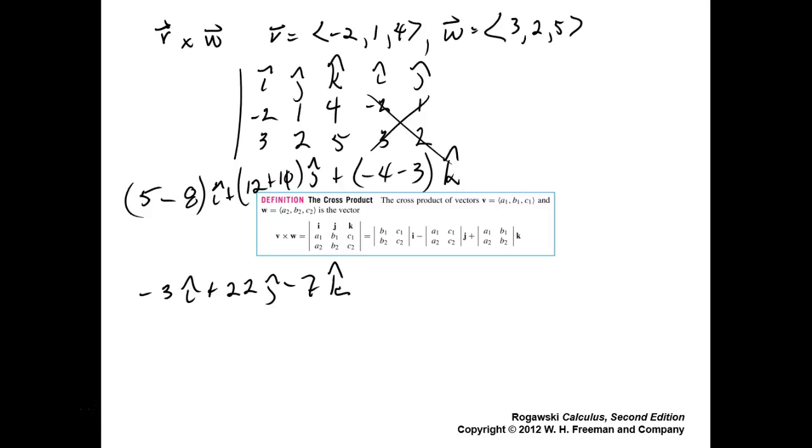Got it. And then writing this in angle bracket notation, this would be angle bracket negative 3, 22, negative 7, which is a little shorter, more of a shorthand, less writing, so lazy people tend to like it. Don't you, Cameron?